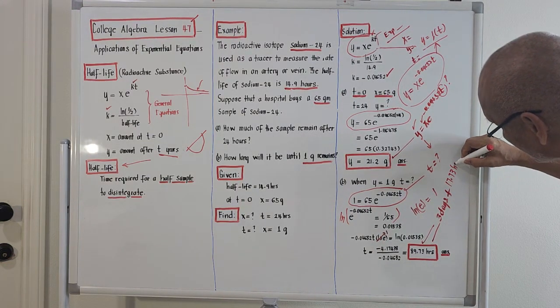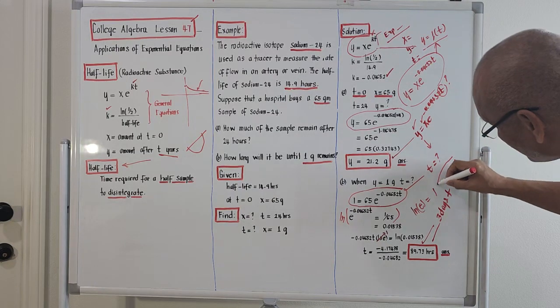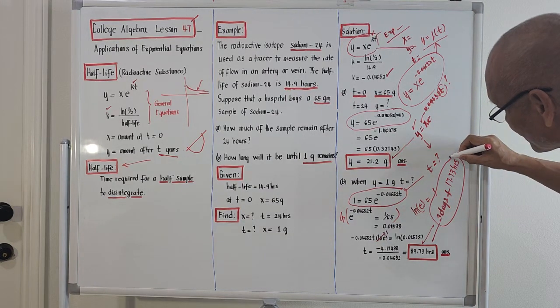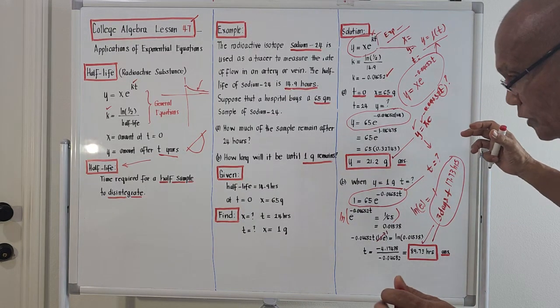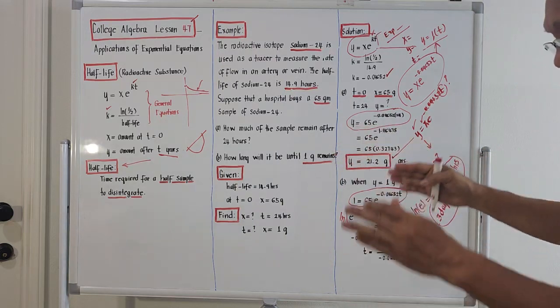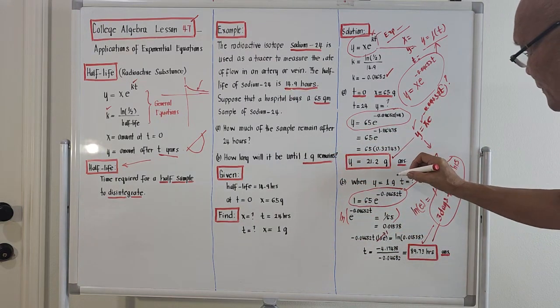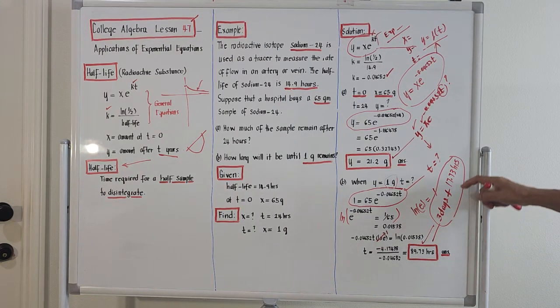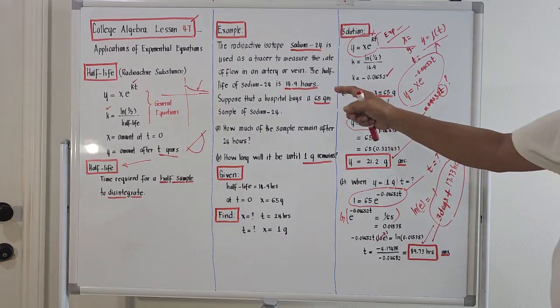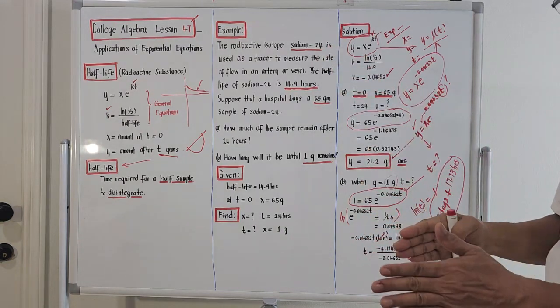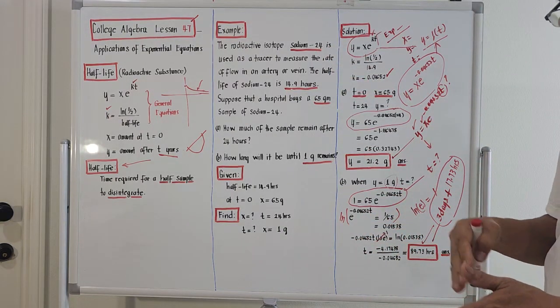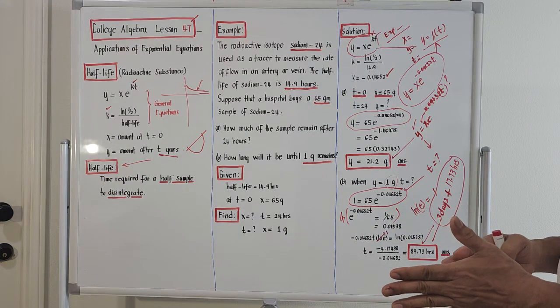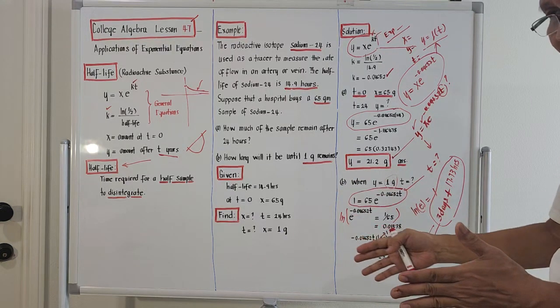17.73 hours. Okay, so this is the total time that will elapse when the amount of sodium 24 that remains is only 1 gram. 3 days and 17.73 hours. Because if you bought this sodium 24 at an expensive price, you should actually use it immediately.